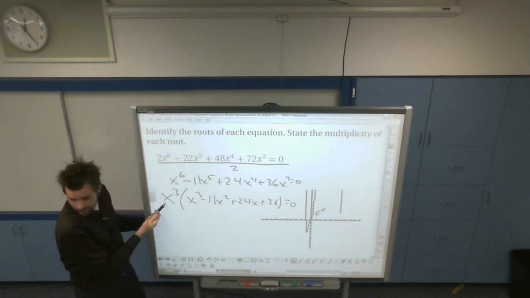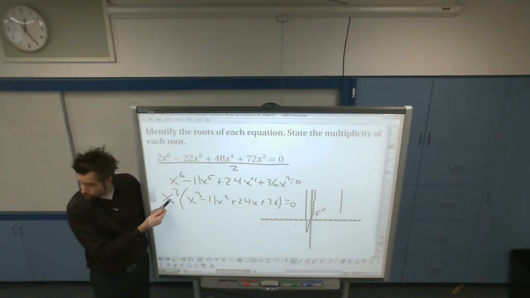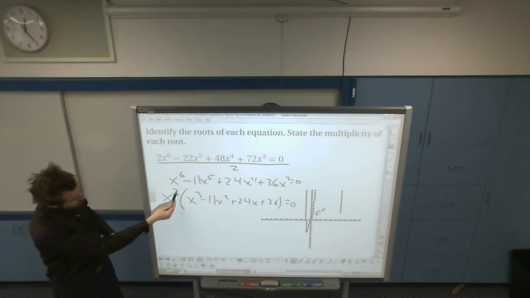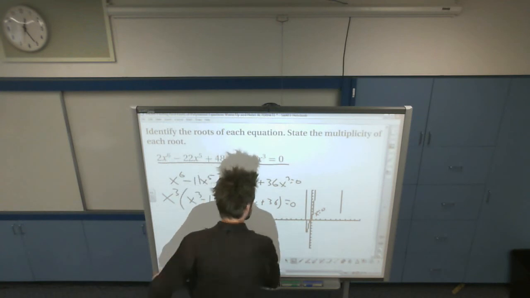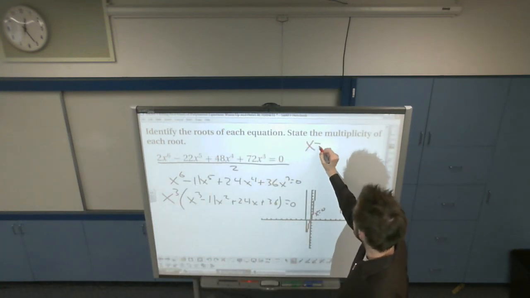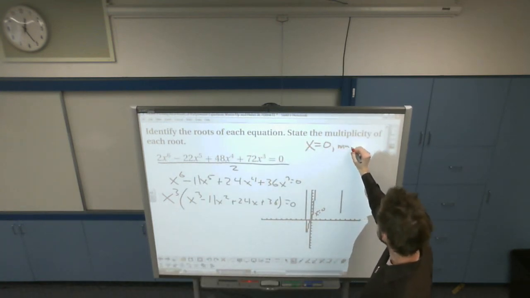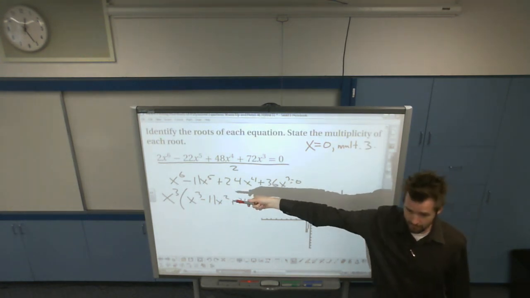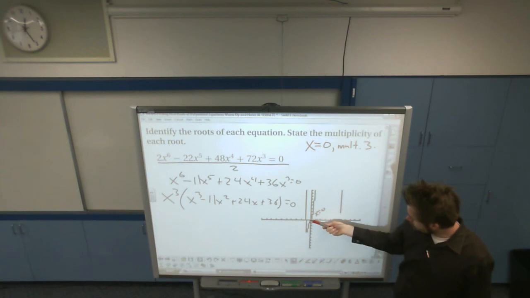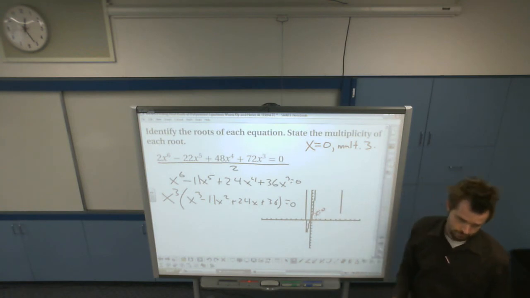And look, you've got an x to the third out here, so you're going to have a root of 0, and clearly it's going to occur 3 times, which is what the picture tells us. So it is correct to say x equals 0 is a root with multiplicity 3, because we can see it as a factor sitting out in front. We can also see it doing the bendy thing here, which tells us that it's got to be a triple root.